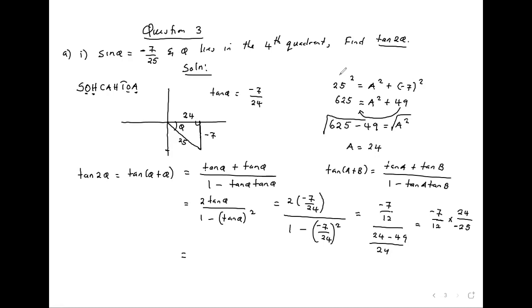So 12 into 24, that's 2, and we get -14 over -25, which is equal to 14 over 25.